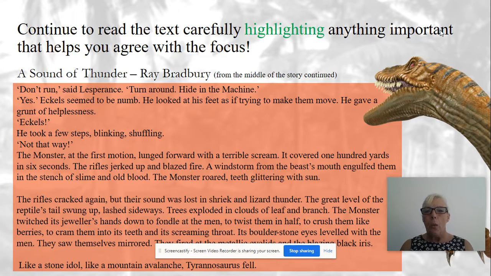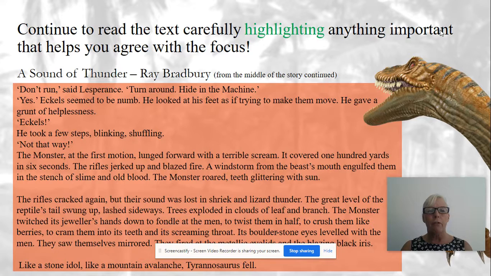It covered 100 yards in 6 seconds. The rifles jerked up and blazed fire. A windstorm from the beast's mouth engulfed them in the stench of slime and old blood. The monster roared, teeth glittering with sun. The rifles cracked again, but their sound was lost in shriek and lizard thunder.